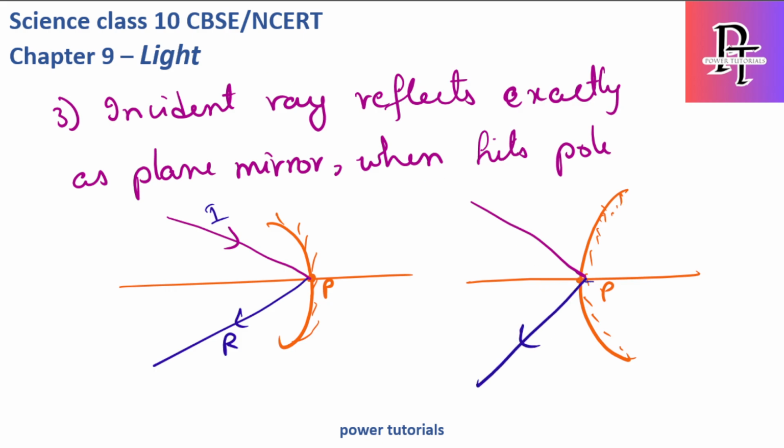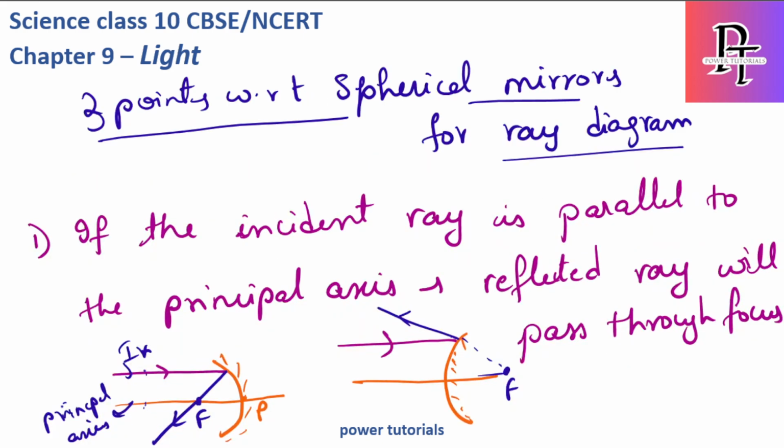This is reflection and this is incident. You can see that the ray is exactly the same for both the mirrors. If it hits the pole, only in this case both the light rays will be exactly the same. Okay, we have one more, the fourth one I missed, so I'll change the number. It is 4, not 3.